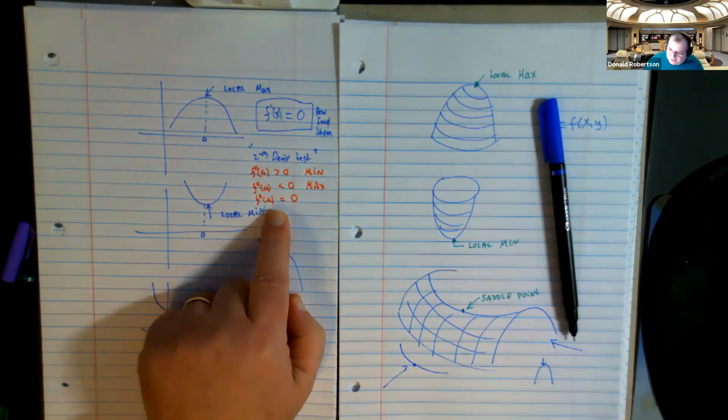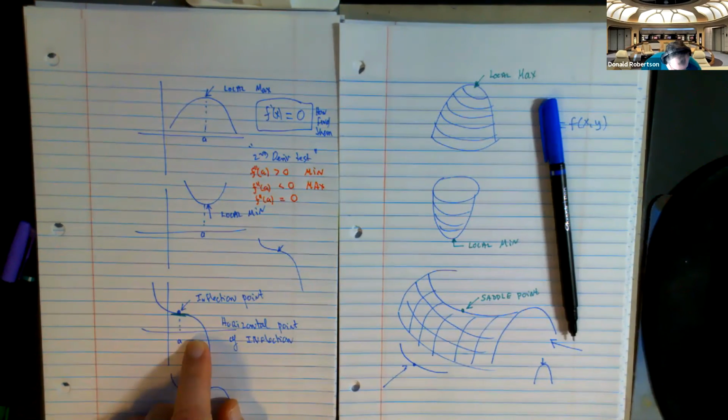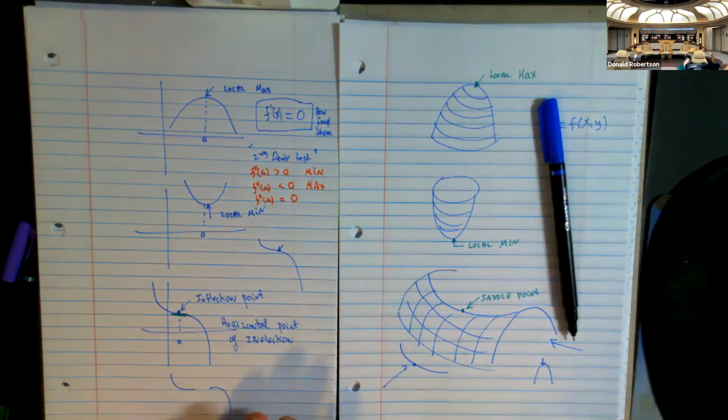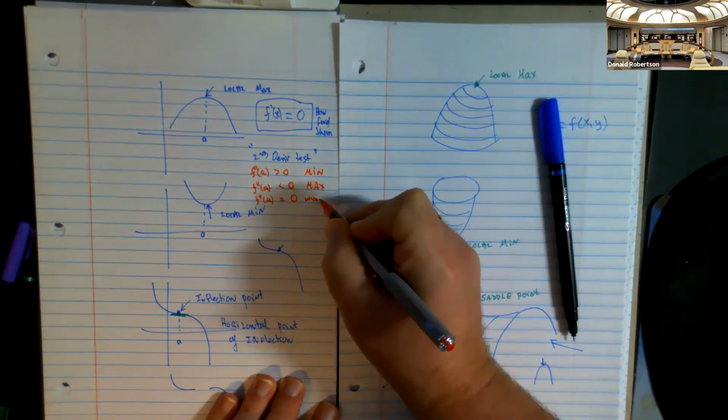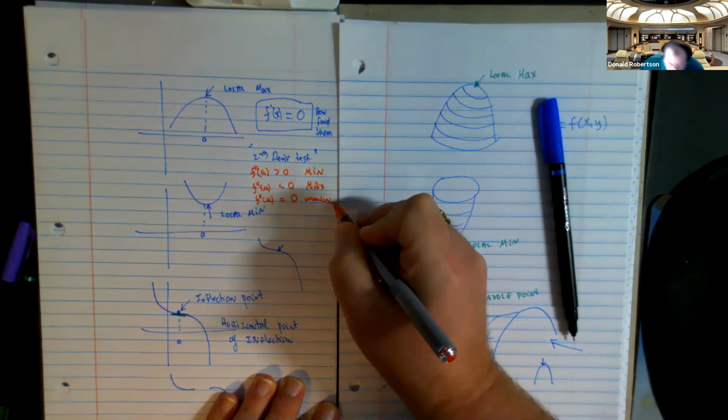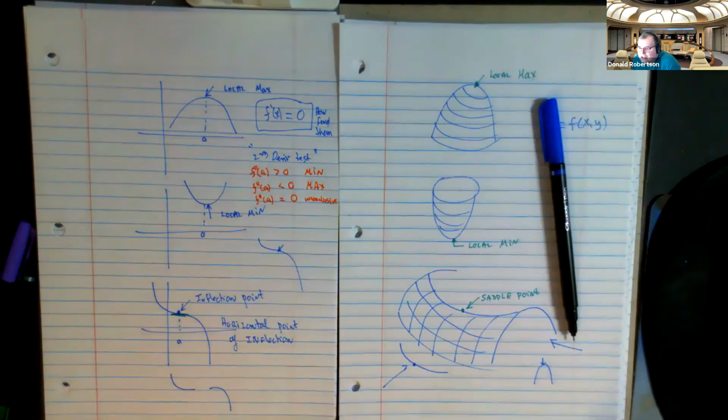It might be a point of inflection, but a second derivative equaling 0 is inconclusive. All that means is it could be a max, it could be a local min, it could be a horizontal point of inflection. It will be one of those three things, but we don't know which. And we have to do other methods to find out.